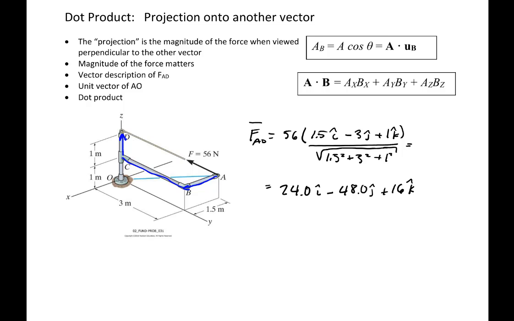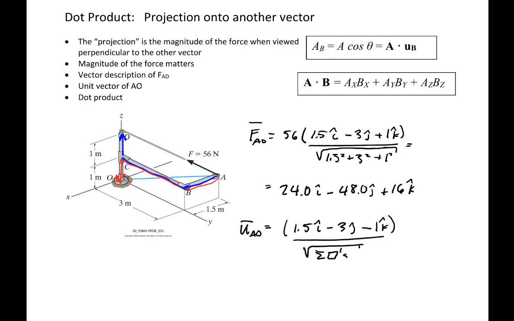How about AO? I'm going to look at the unit vector of AO, and I'm going to do the same thing, but now I'm going down instead of up. So let's put that there, over the square root of the sum of the squares.